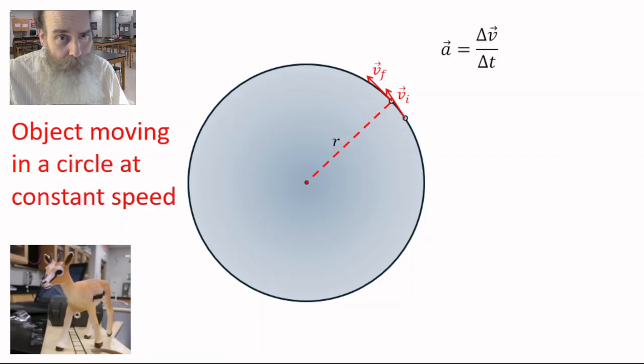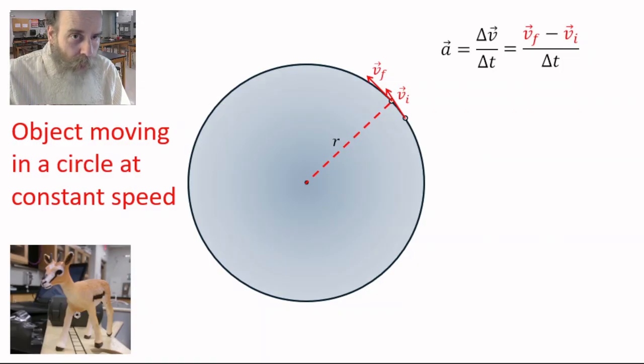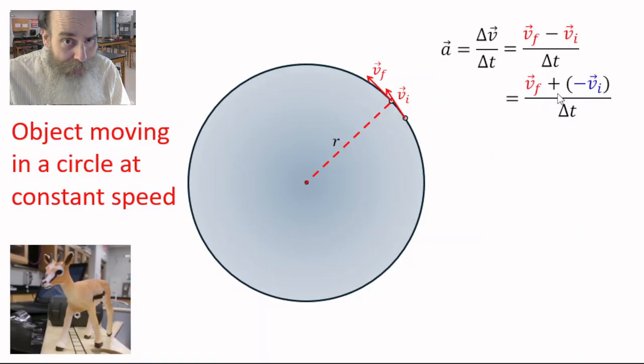Acceleration is delta v over delta t, which is v final minus v initial over delta t. Now, if we want to subtract two vectors, what we can do is add the negative of one of the vectors. So instead of subtracting v initial, we add negative v initial. So to get negative v initial, you just reverse the direction of v initial, like this.